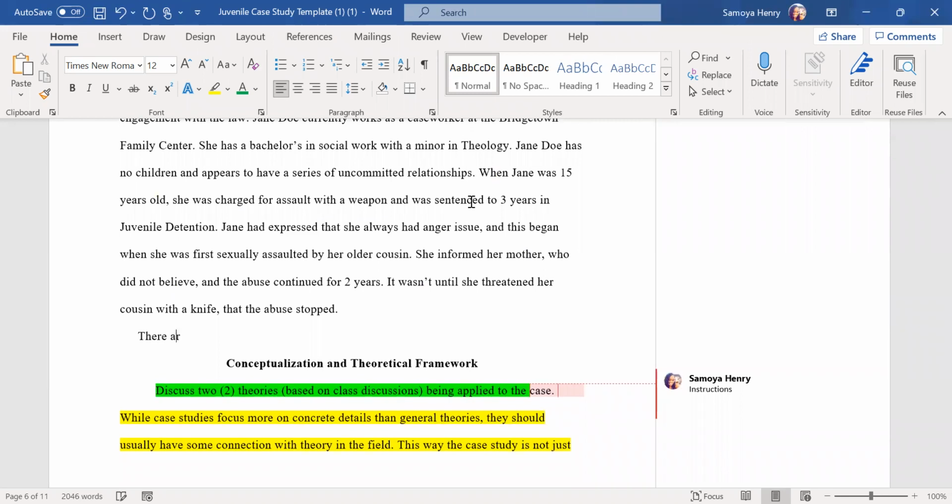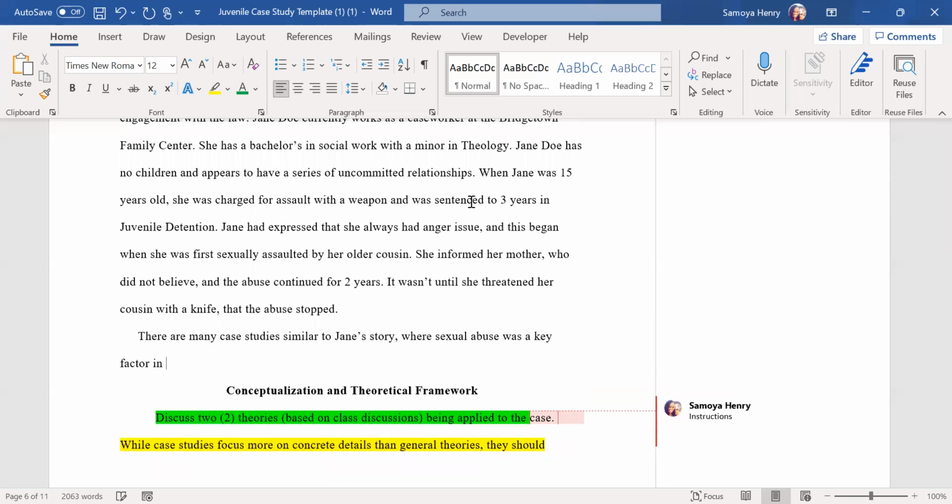Then I can say something like, there are many case studies similar to Jane's story, where sexual abuse was a key factor in delinquent behaviors as a youth, right?